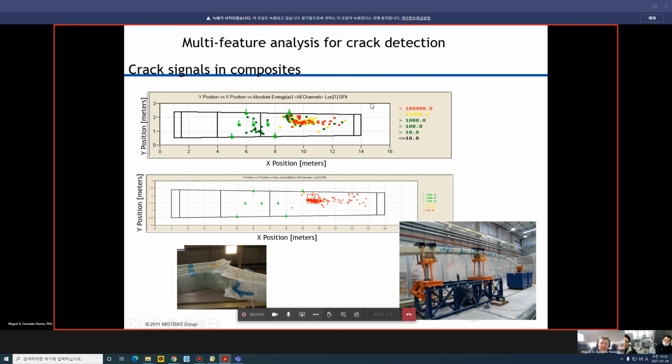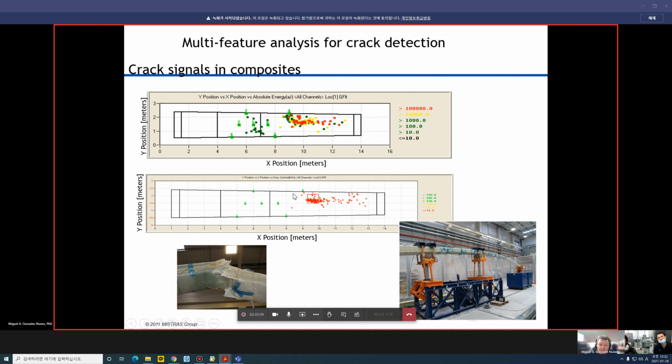This is another representation after analyzing with multi-feature analysis for crack detection. In this example, we plot the Y position versus the X position versus the absolute energy of the signals or the events.